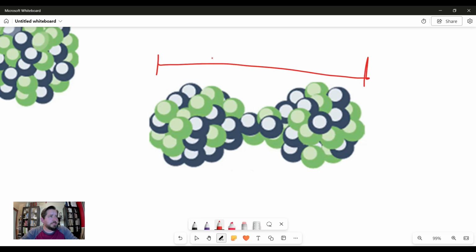This is really big, by which I mean something on the order of 10 to the negative 15, several femtometers. It's big enough that the strong force doesn't interact between these two sides, and the Coulomb force does.